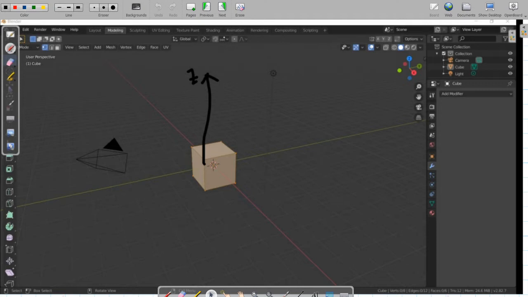So now, before, what we used to do is, you used to do the rotation by some point which is located in your three-dimensional space.